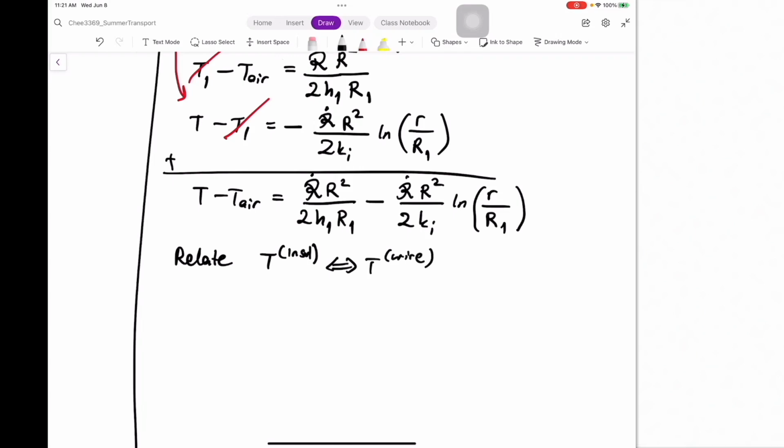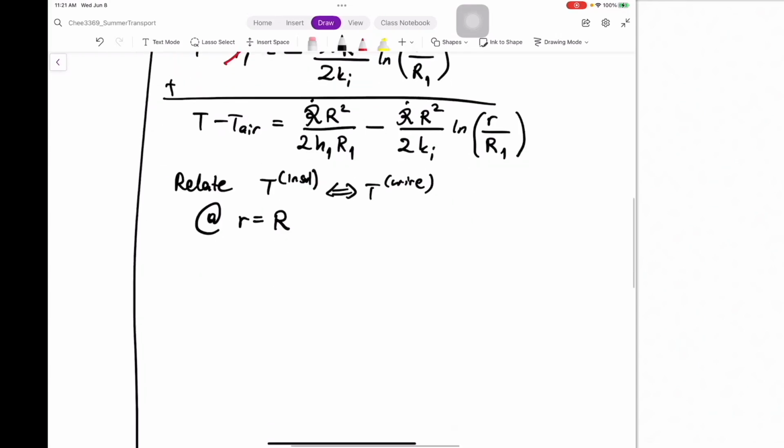I had the temperature distribution for the wire already, but they are actually meeting at R is equal to capital R. So I need to write down that at R is equal to capital R, T of the insulator is equal to TR, and that's also equal to T of the wire at the meeting point, right?